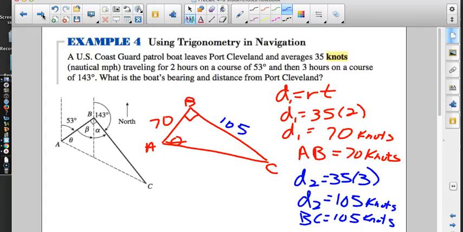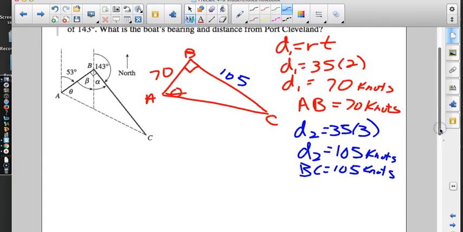Can we figure out this distance now? How could we get that? Because they didn't just want to know the bearing, they also wanted to know the distance. Well, while we're working with the sides, we might as well continue working with the sides.